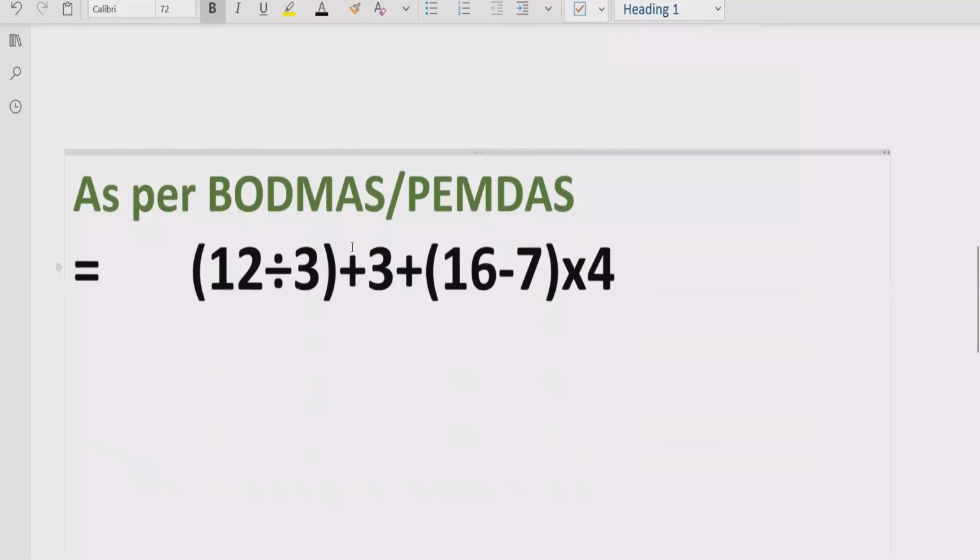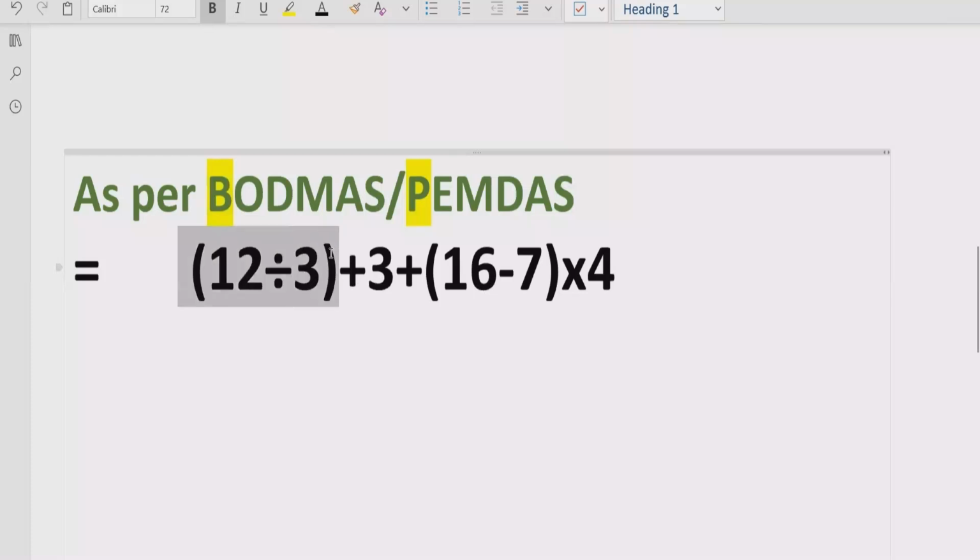As you can see on the screen, we have 12 divided by 3, plus 3, plus the bracket 16 minus 7, multiplied by 4. We can solve this expression using the PAMDAS and BODMAS method. So first we have to look at the brackets, the parentheses.